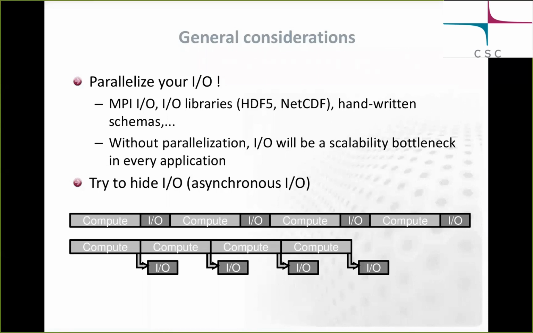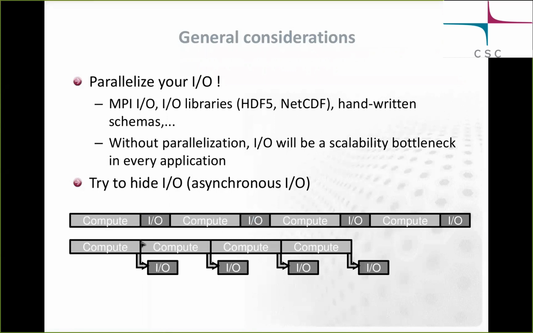A bit more advanced consideration is that you could try to hide the I/O by moving from a scheme where you compute something, dump it, compute something, dump it, to a better focused fashion.